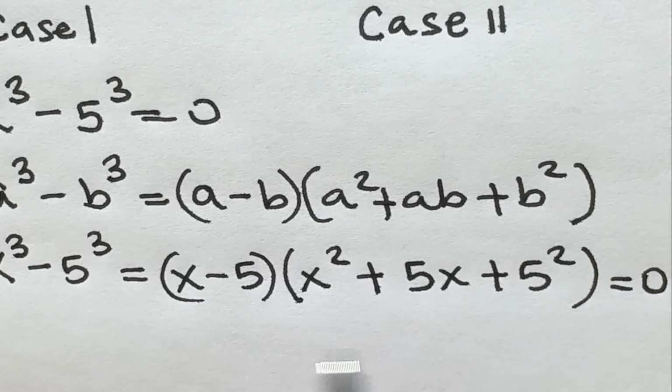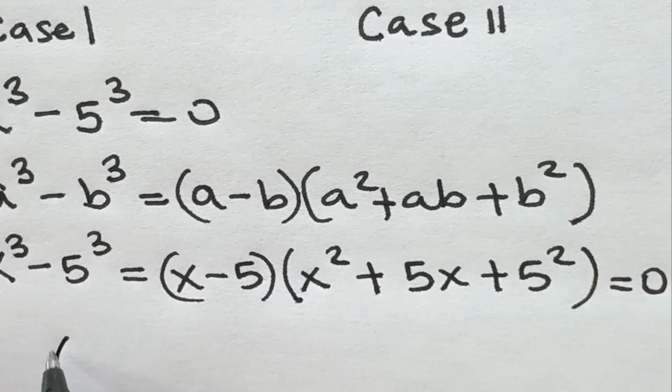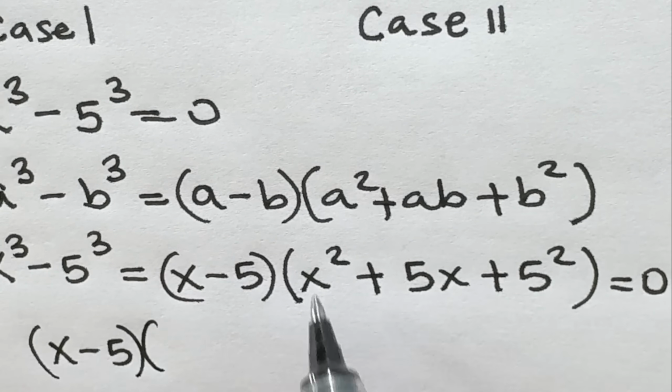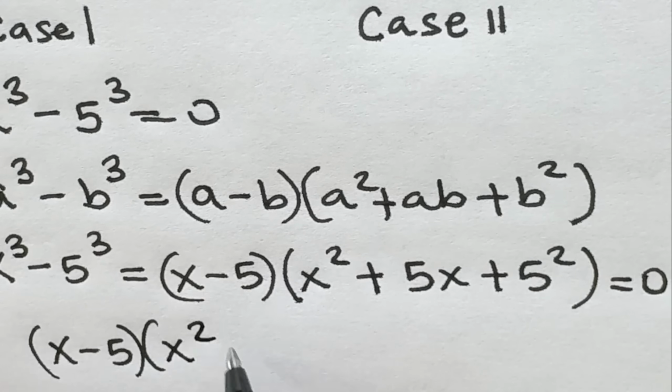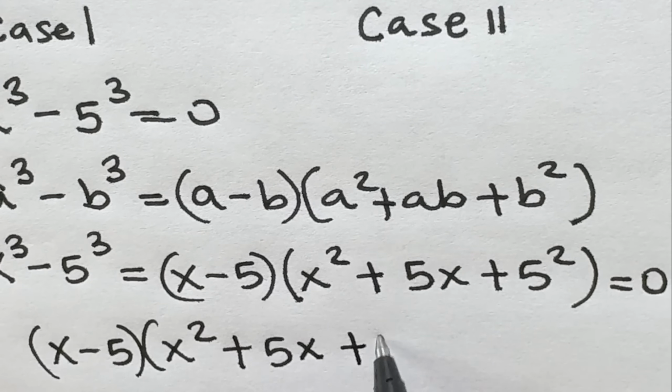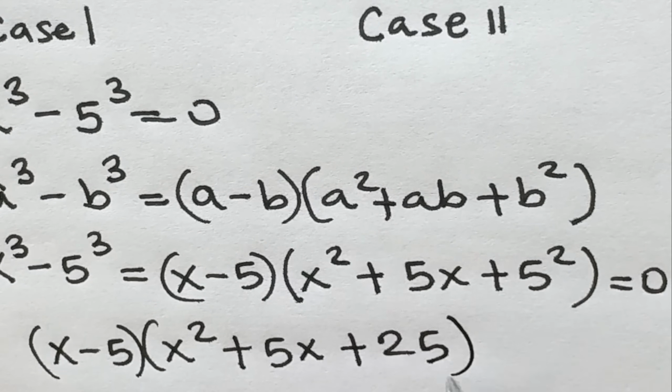Let us tidy this up. We have x minus 5, x squared plus 5x plus 25 is equal to 0.